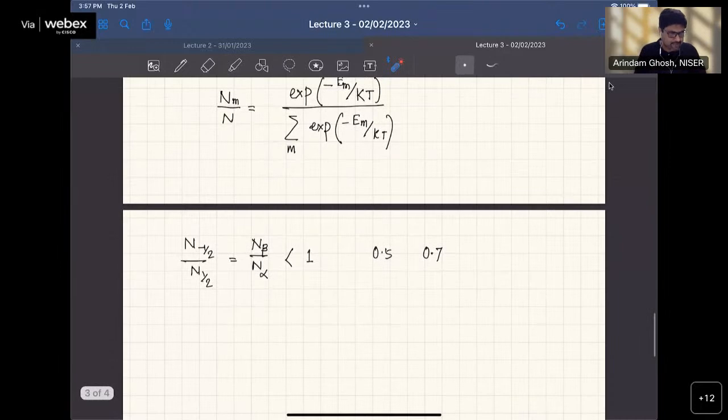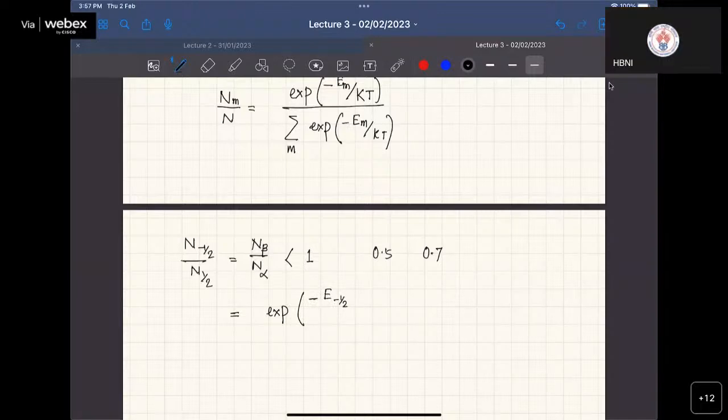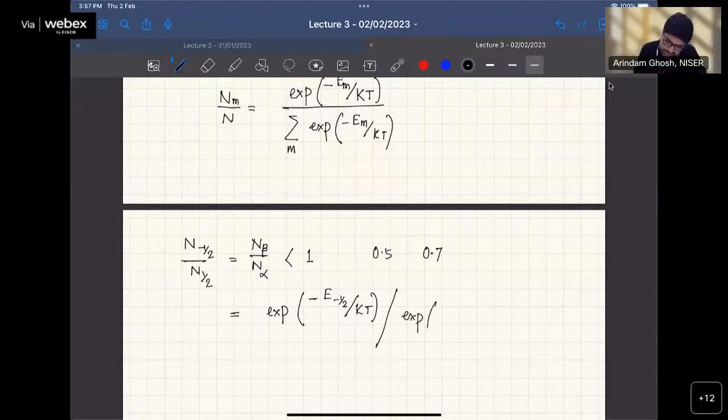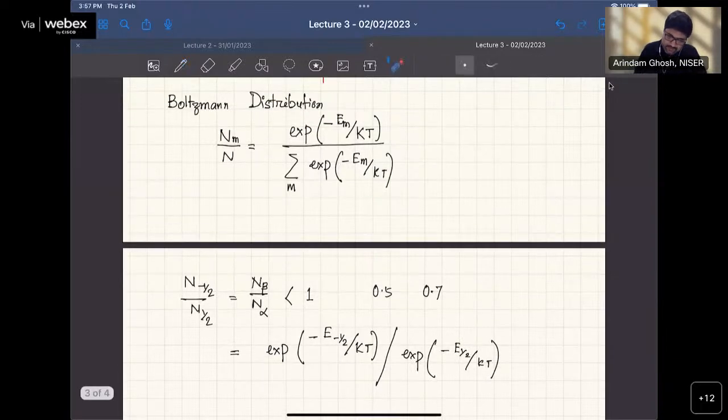Let's do it. If we do one more step, I can write it down this way. This is going to be exponential of minus E beta over kT divided by exponential of minus E alpha over kT. So I'm just writing this one half and minus half here because this part is common.